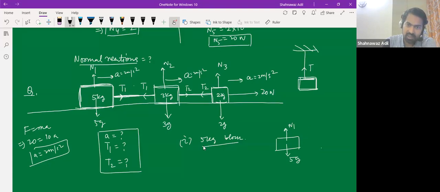We are writing the equation of motion in the x direction. So F net in the x direction is m a x, right? As you can see, the acceleration is in this direction. So what would be in here?